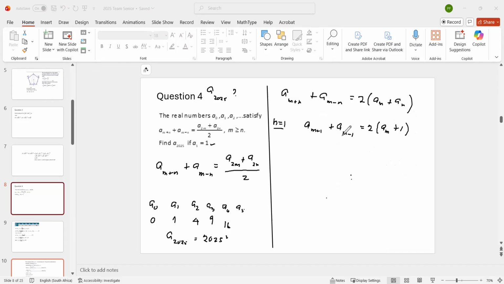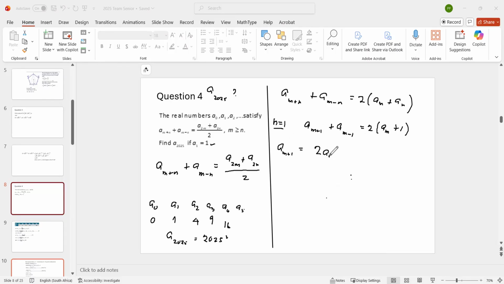Now, m minus 1, m and m plus 1 are consecutive numbers. So this can be a very useful formula here, right? Because each term, if I take a_(m+1), you can write it in terms of the two previous ones.